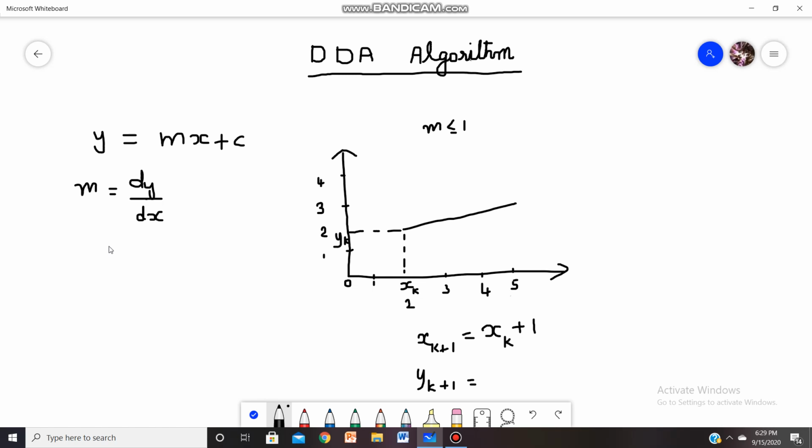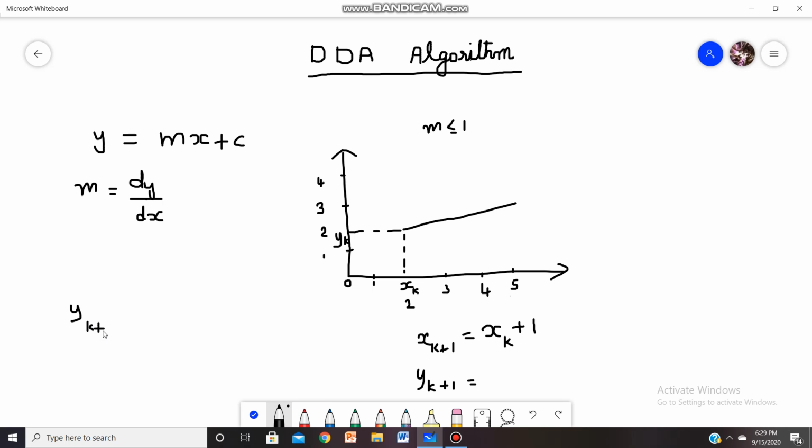From this equation, I am going to find the value of yk plus 1. I don't know how to find yk plus 1, so for that, I am going to add a small quantity.